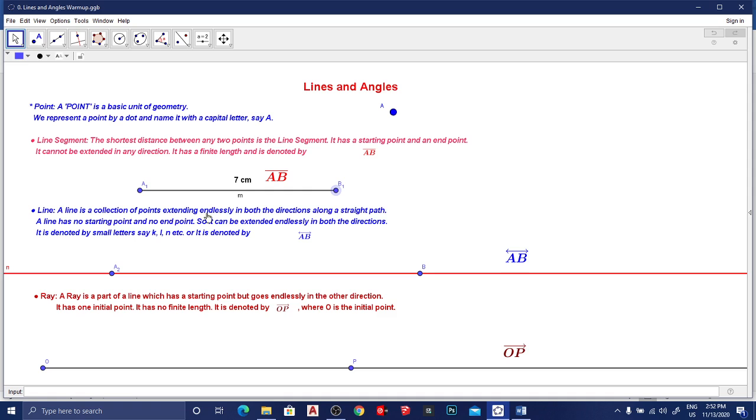Next one is line. A line is a collection of points extending endlessly in both the directions along a straight path.